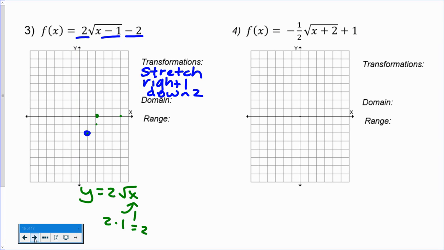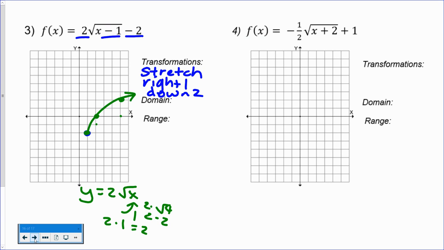So I will need to be 2 above the start. Okay, if I plug in 4, normally I go over 4 and up 2, but now when I plug in 4, I'll get 2, and then I must multiply that by 2. So I would go over 4 and up 4.